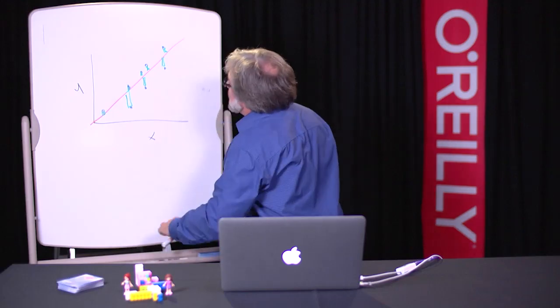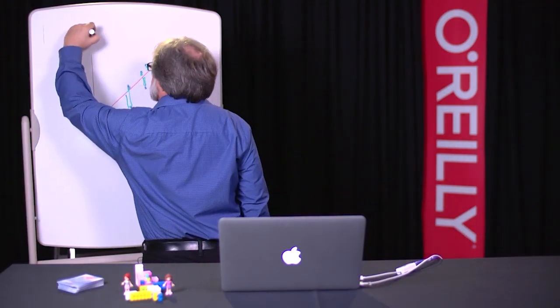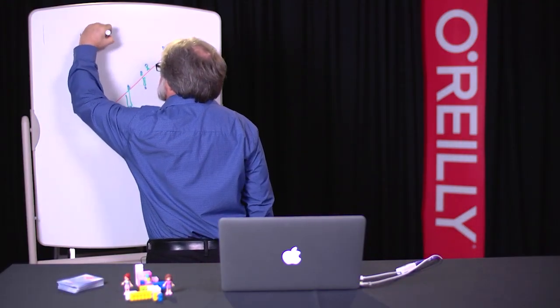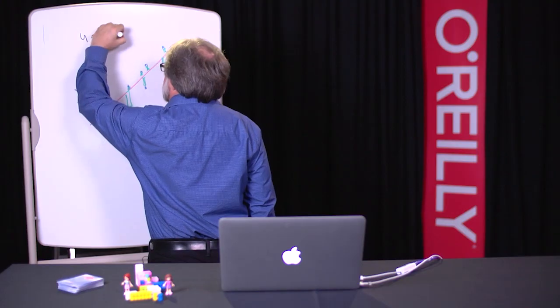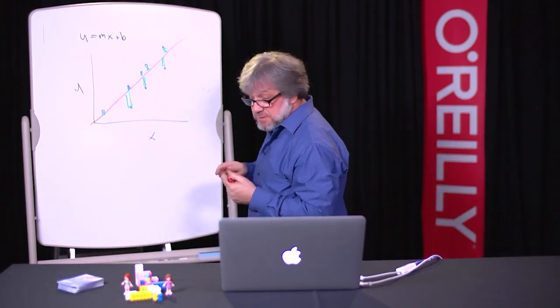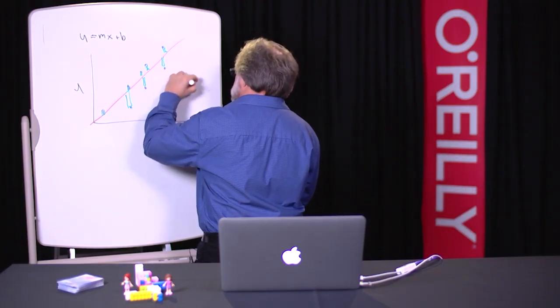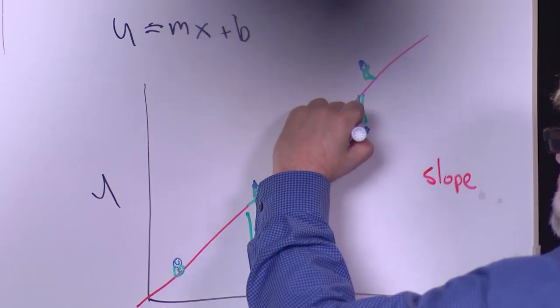Okay. So if I want to come back to the point of y equals mx plus b, my model, then we can say that the slope in this model, the m, is, again, rise over run.